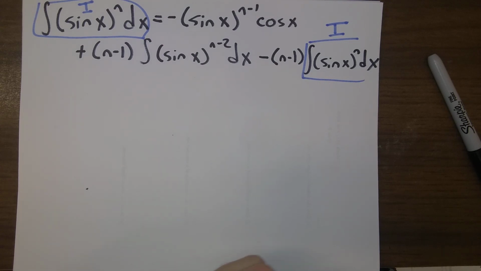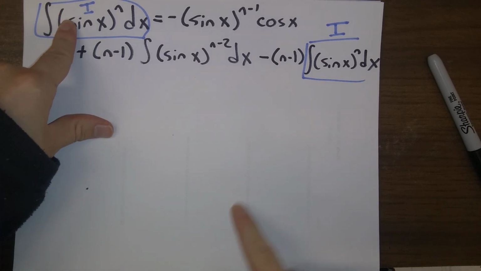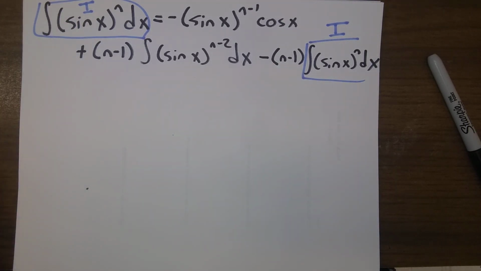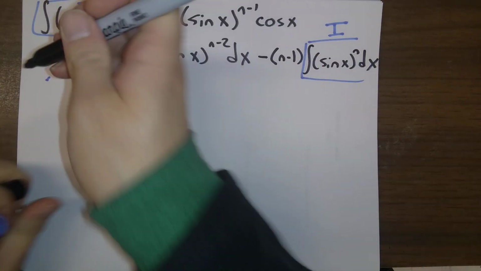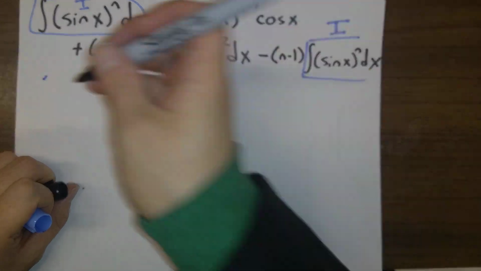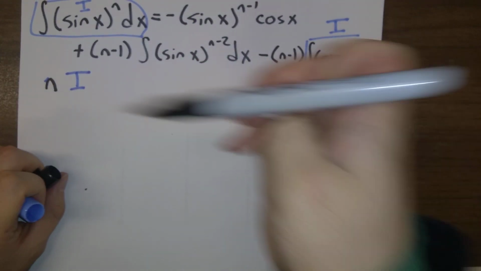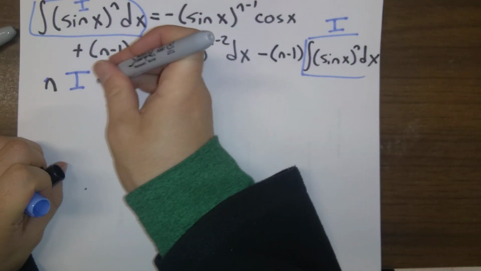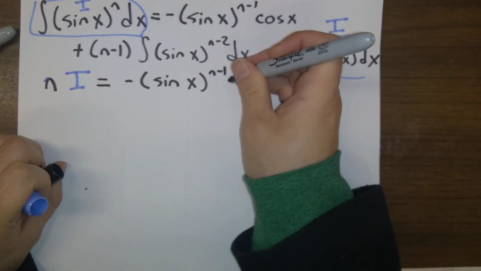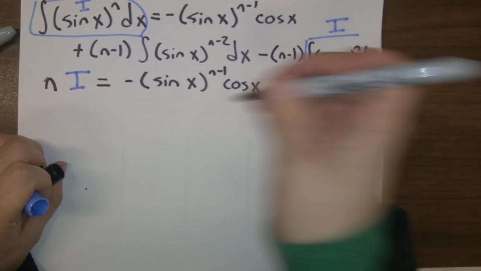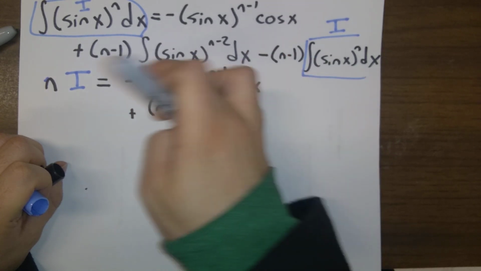And now it just becomes a game of solving for I. So we have I over here. We add n minus 1 times I. So that would give us 1 plus n minus 1 is n times I, which is equal to minus sine x raised to the n minus first power times cosine x plus n minus 1 times this integral here.